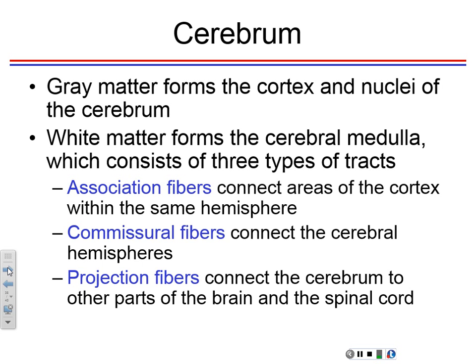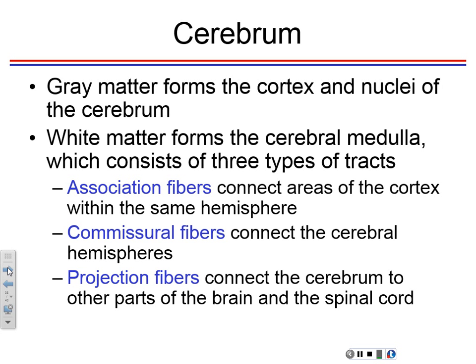The projection fibers are the ones that come from the brain and control the lower parts, and they pass through the medulla oblongata, decussate, cross, and control the other side. So that's projection. And then commissural fibers connect the left and right side. So there are those three fibers.